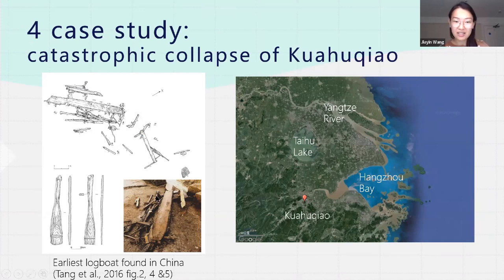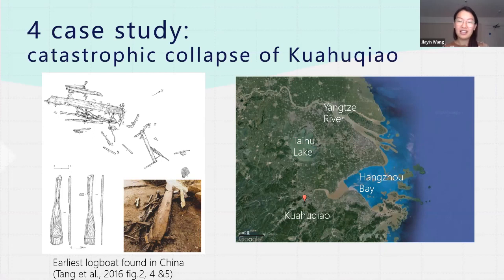Here is the photo of the finding. It's not only the log boat, but also wooden paddles and some raw materials that could be used to make and repair the log boat. So it is believed that this site was actually a log boat workshop used to craft and repair boats.